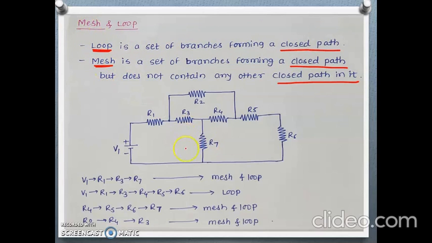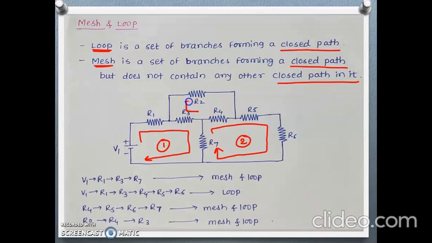See here, this is the network where from this V1 through this R1, R3 and R7, this one path is available. This is also one closed path, starting from this R7 and again back to R7.